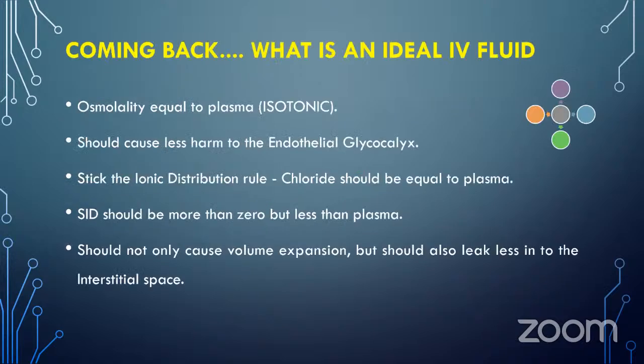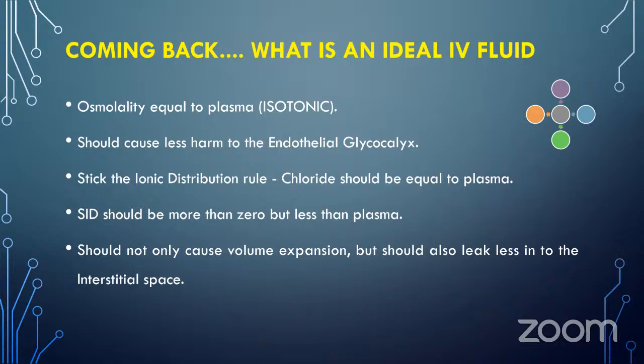So coming back to our discussion, what is an ideal fluid based on these 4 parameters? When you put these 4 parameters together, when you put the osmolality, when you put the strong ion difference into picture, when you try to understand the position of the endothelial glycocalyx, you know if there are leaky capillaries. For example, if patient has a septic shock, you know the capillaries are leaky. You know there is a damaged endothelial glycocalyx.